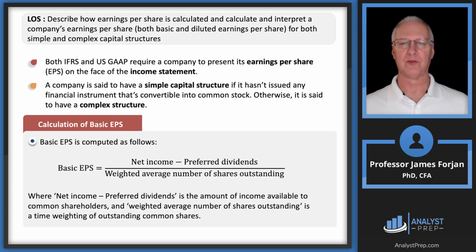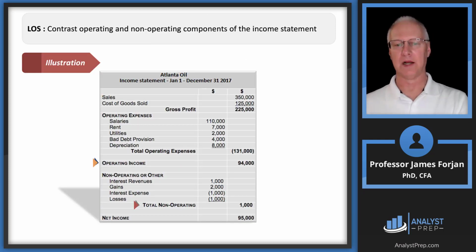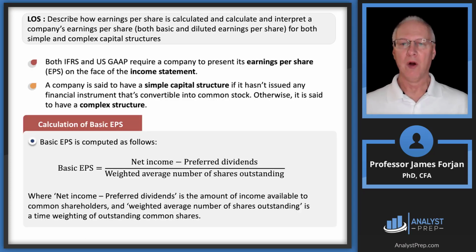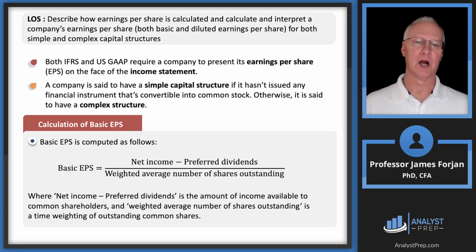A firm has a simple capital structure if it does not have any outstanding securities that are convertible into common stock. What did I say back here? We're going to take that net income and divide by the number of outstanding shares. Well, some companies have a bond that can be convertible to common stock. Some companies have preferred stock that can be convertible to common stock.